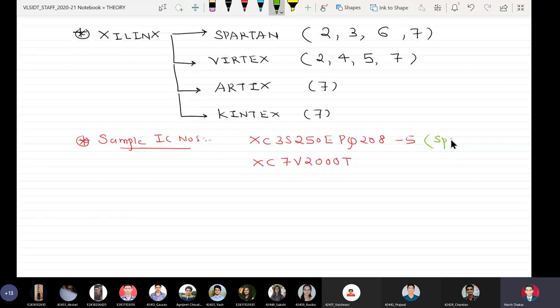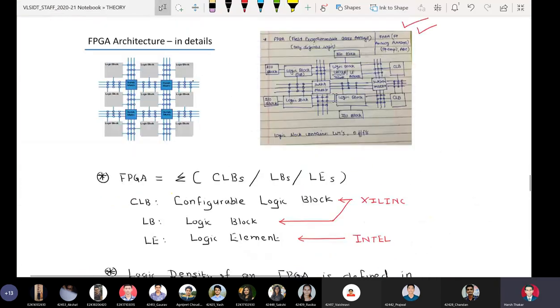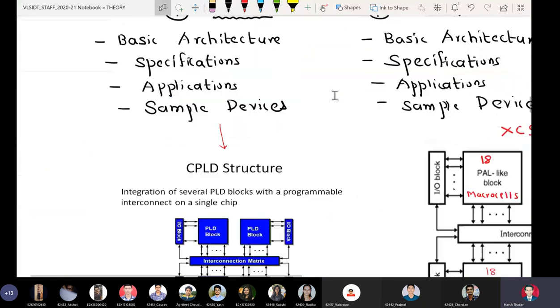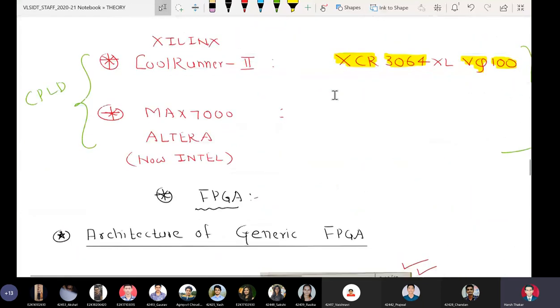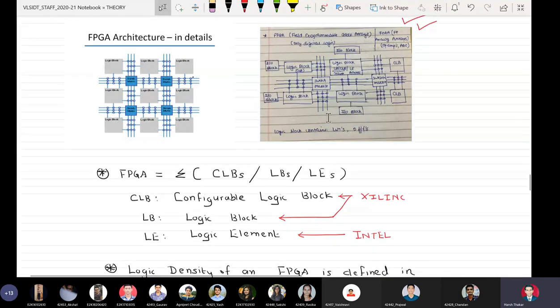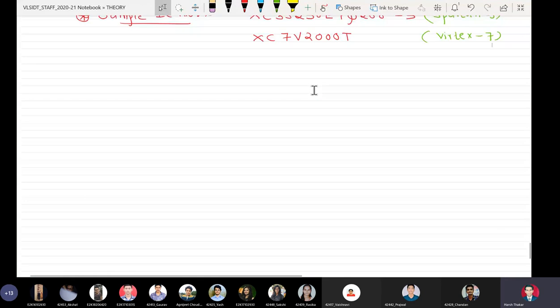This is a Spartan 3 device, and this is a Vertex 7 device. Yeah, so I have covered everything. I will not spend time on CPLD versus FPGA. I have notes. I will share them on Teams.